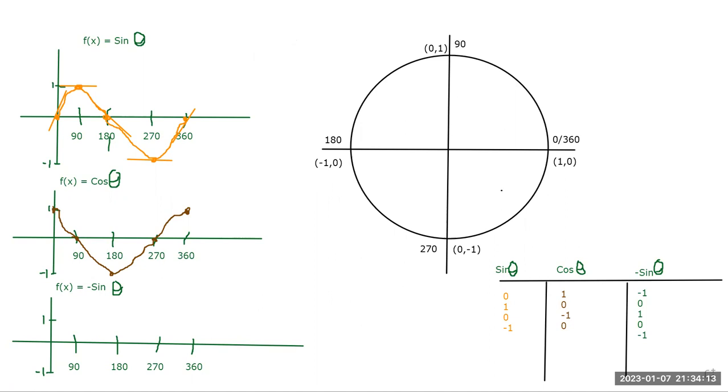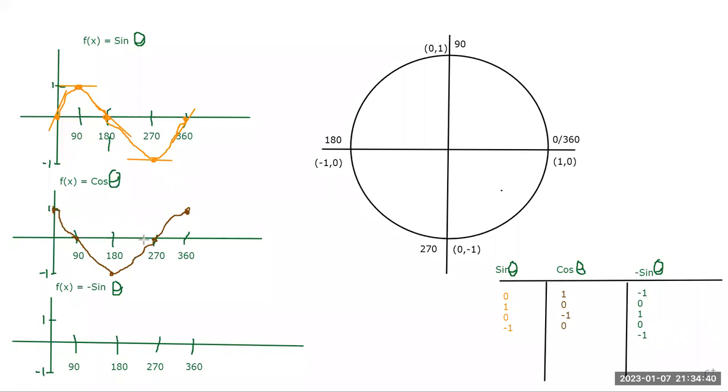To find the derivative of cosine, you first find the derivative of the x's or the x points on the graph of cosine. So let's draw it out.